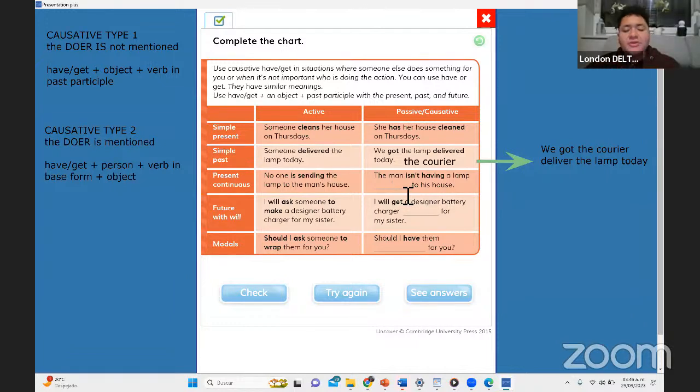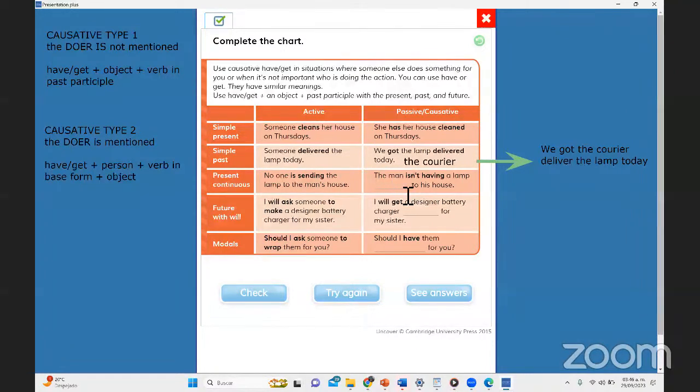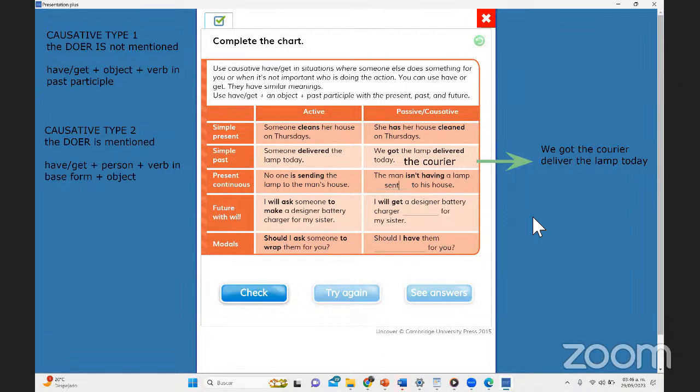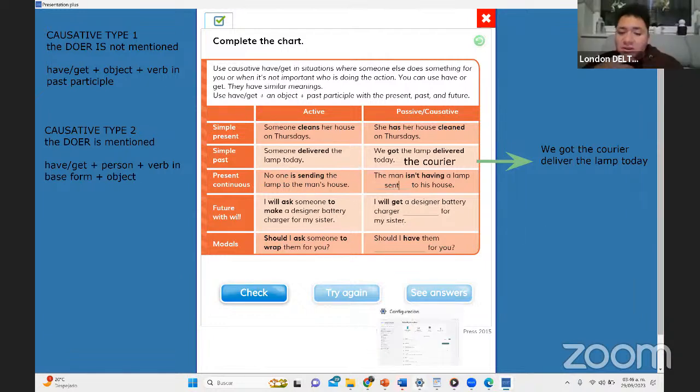We need the verb send, but in past participle. Es igual, ¿no, teacher? Sent, like this, sent, right? Very well. So in this case, the past participle. So here we're saying, el hombre no está mandando a que se envíe la lámpara a su casa.